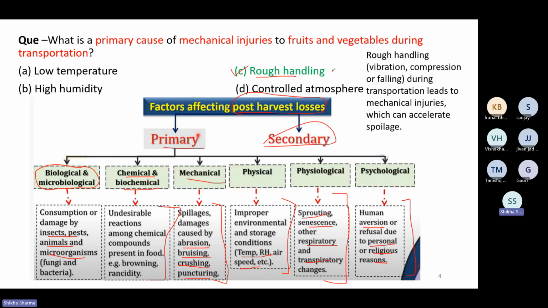These are the primary factors, and the others are secondary factors, which may include biological or some mechanical factors, but here we are talking about primary factors. In the primary factors, we need to tell the reason for mechanical injury to fruits and vegetables when being transported.